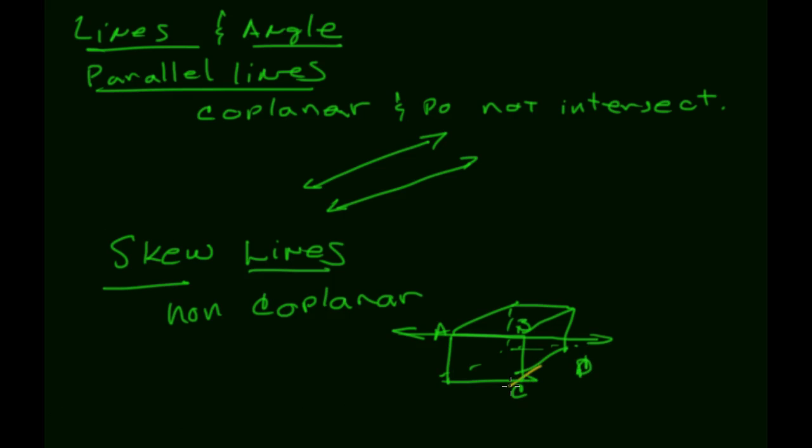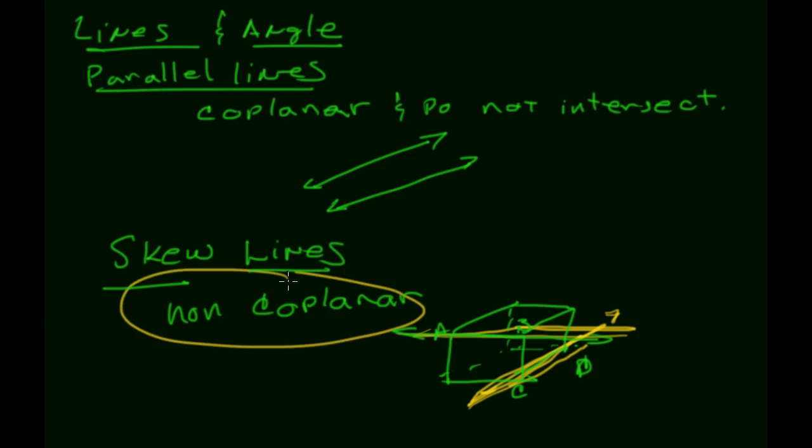So this is the line CD going that way. So you have AB coming across here, you have CD coming across there. These two lines would not in fact intersect because one's in the plane of the ceiling, one's in the plane of the floor, but they're not parallel.